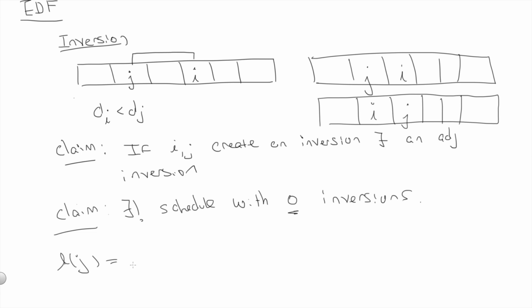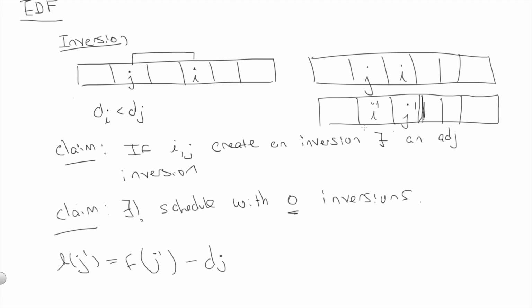is going to be equal to, and we'll call this I prime because it moved, and this is J prime. It's going to equal the finished time of J prime minus the deadline of J, right? The new lateness of J, or the lateness of J prime, is going to equal the finished time of J prime, that's this point right here, minus the deadline of J prime.